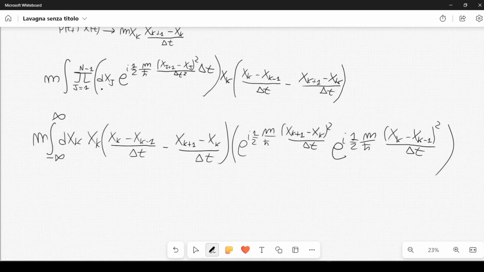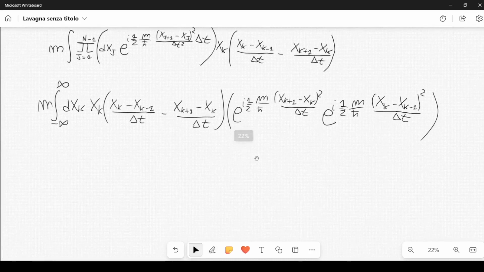All the other integrals can factor out, so you get a multiplication of all the integrals with such terms, without this part that we consider with the integral over dx_k.